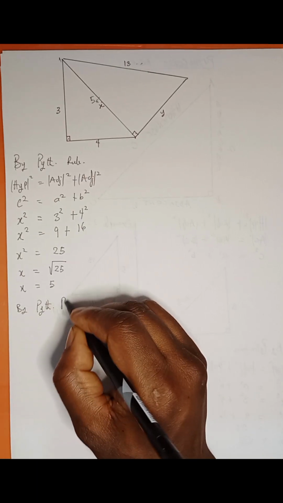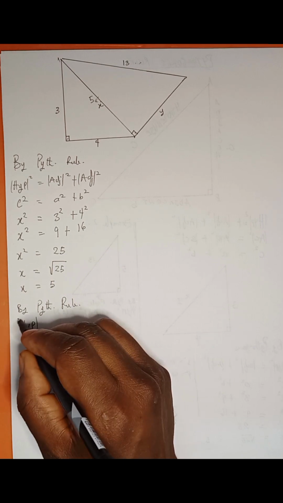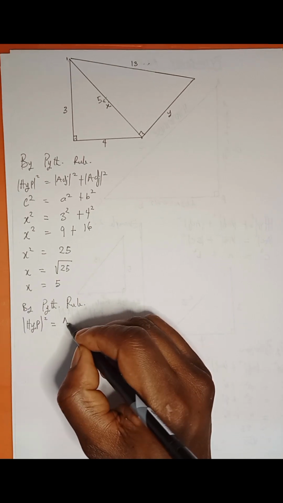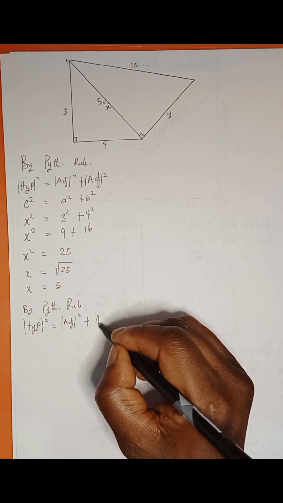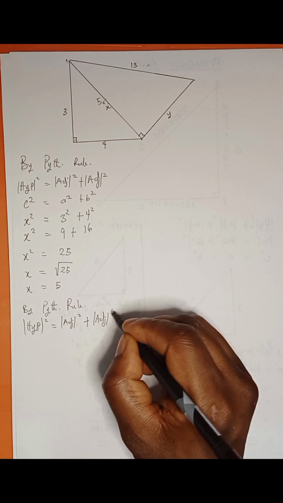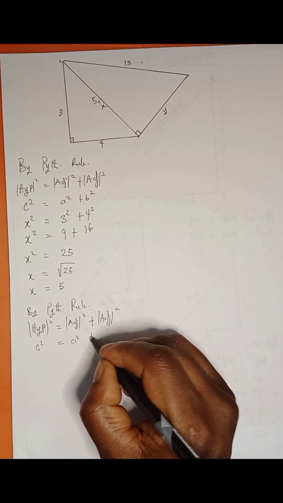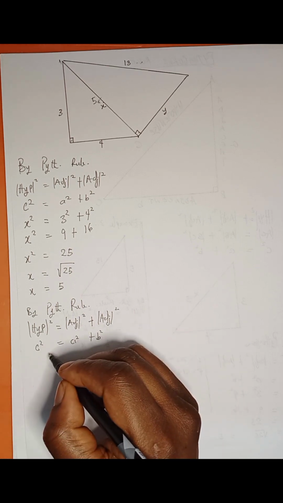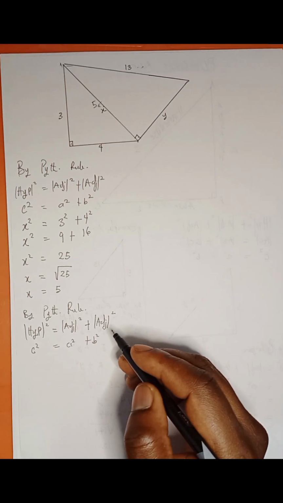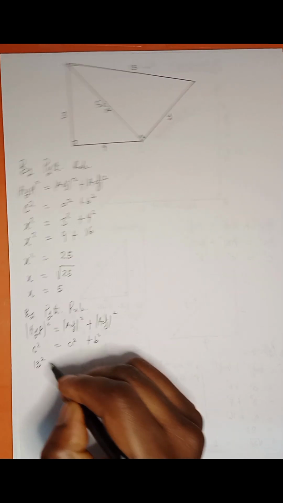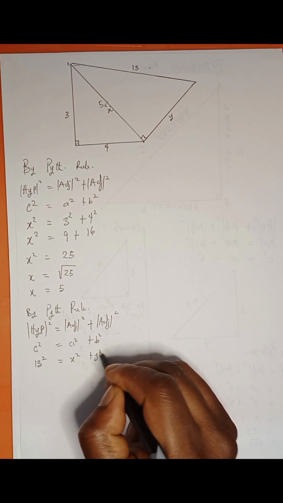Do not get tired of writing the Pythagoras rule again because it keeps you in check of what you are doing. Hypotenuse squared equals adjacent squared plus adjacent squared, and so C squared is equal to A squared plus B squared. Now the hypotenuse in the triangle we are considering is 13. So I say 13 squared is equal to x squared plus y squared.